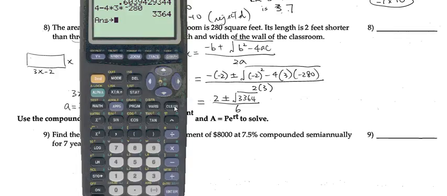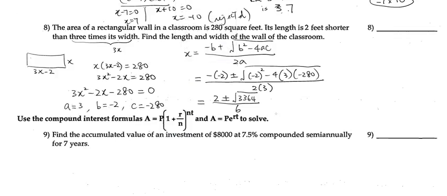Would that be a whole number? Radical 3364. What would that be? 58. So that means it would be 2 plus or minus 58 over 6.